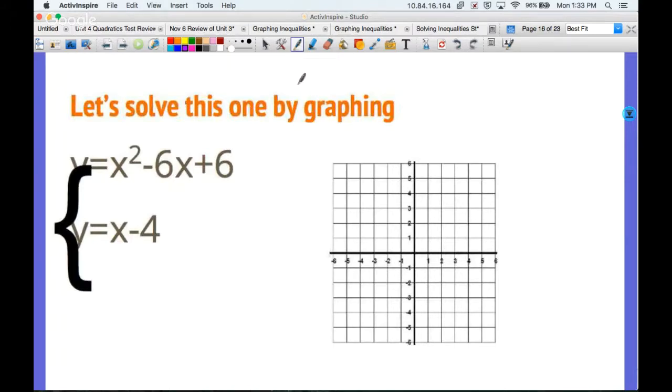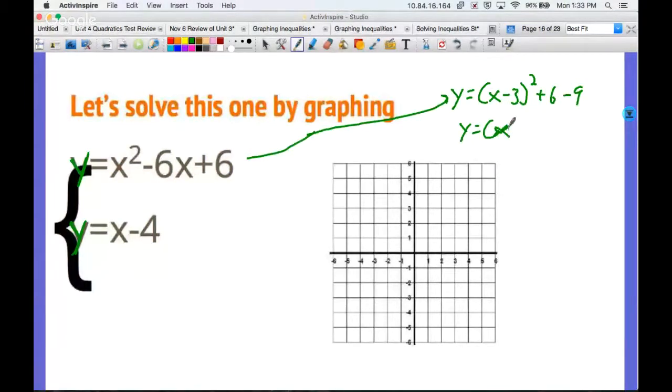So let's solve this system. Wow, things got really moved around when this was imported. Hopefully we can see that those are y's. To graph this, I need to convert it to vertex form. So this is going to be y equals x minus 3 squared plus 6 minus 9.